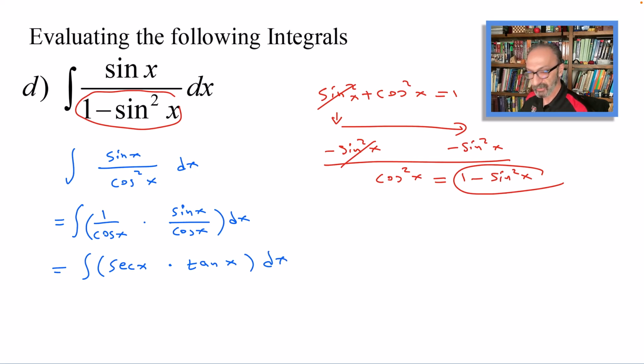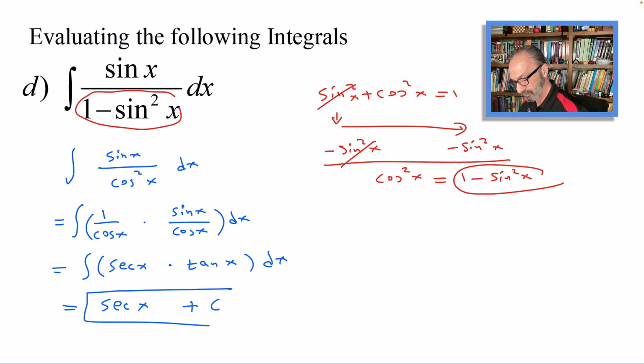We know that the derivative of secant is secant tan, so that will give me secant x by itself. Of course, this time we don't have limits, so we have to include the c. And that should do it.